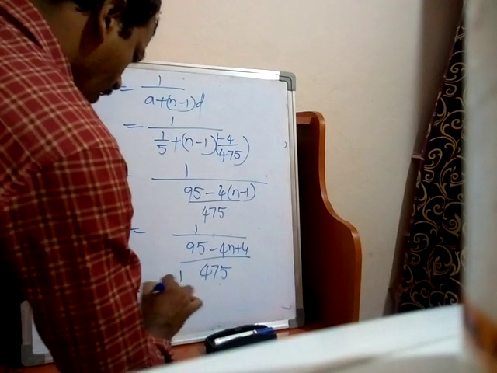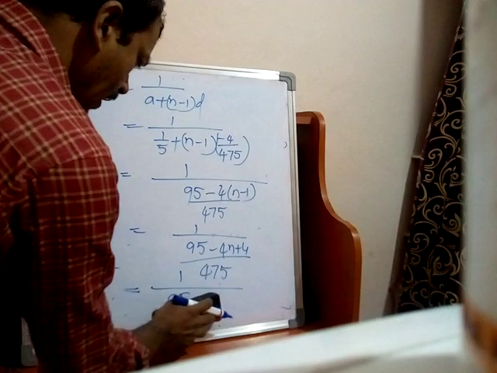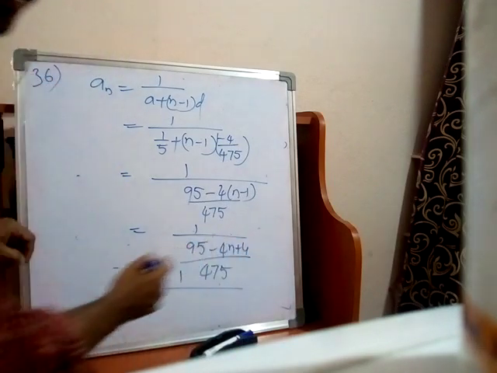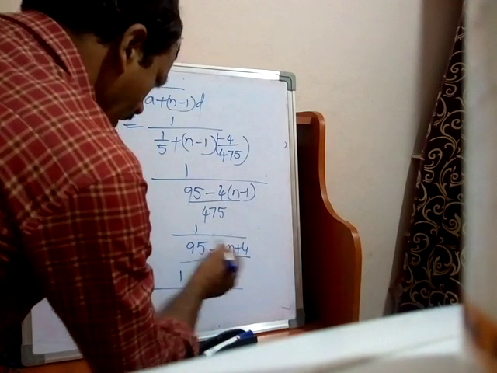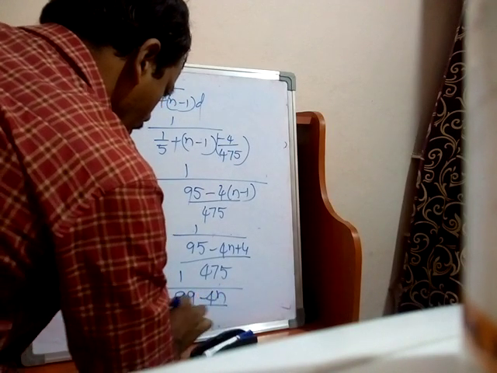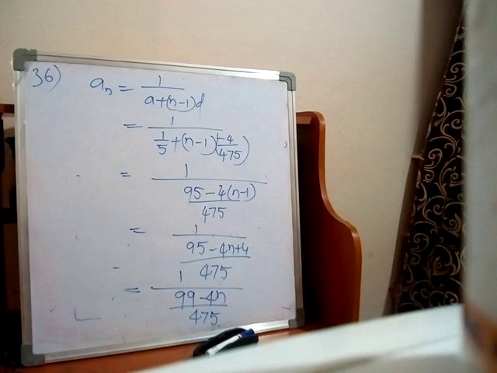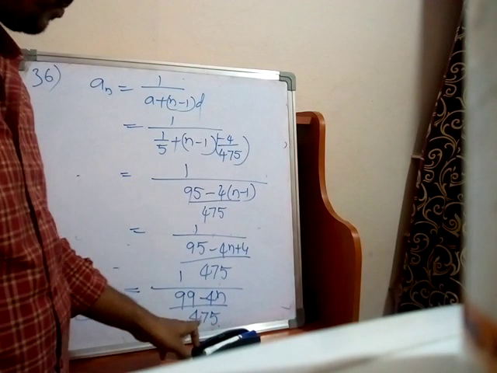So 95 plus 4 is 99, 99 minus 4n by 475. So this is an, which is 99 minus 4n by 475.